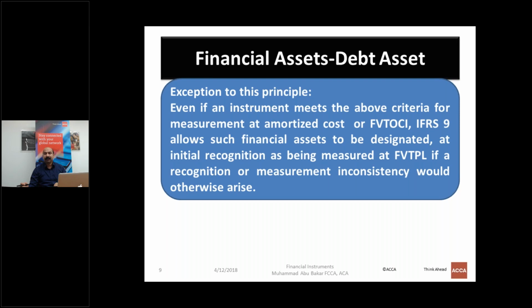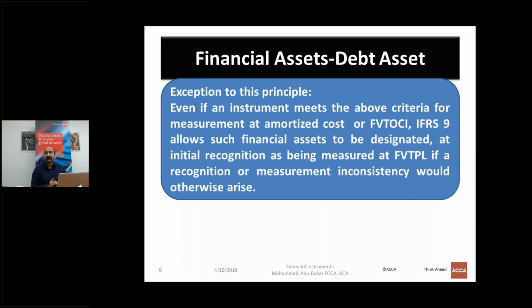Like you have a financial asset, which is a debt asset, and you know that the conditions required to measure it at fair value through other comprehensive income or at amortized cost are being met.